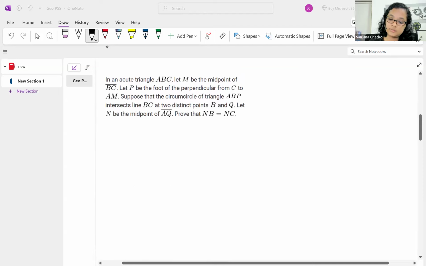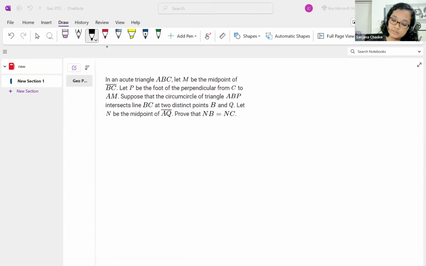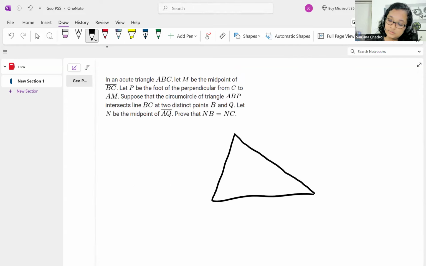So you have triangle ABC again. M is the midpoint of BC. You have the foot from C to AM.